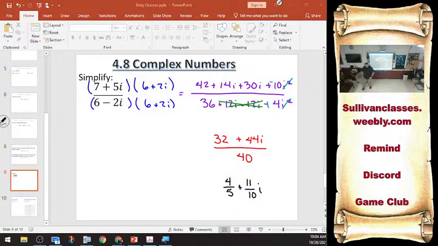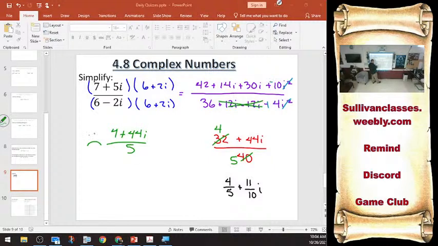Separate your real friends from your imaginary friends and simplify them both. So here's what I mean. I'll see kids do, I don't know, they'll do that and then just write 4 plus 44i over 5.